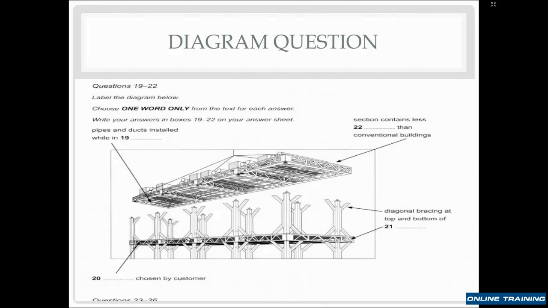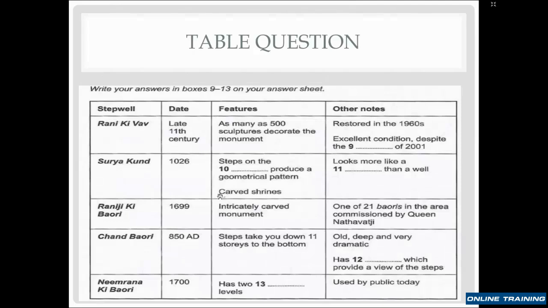All right, and so the way that the diagram is actually helpful is that it might help you with finding the paragraph, because whatever the correct paragraph is going to describe that diagram, and so that's where the diagram becomes helpful.